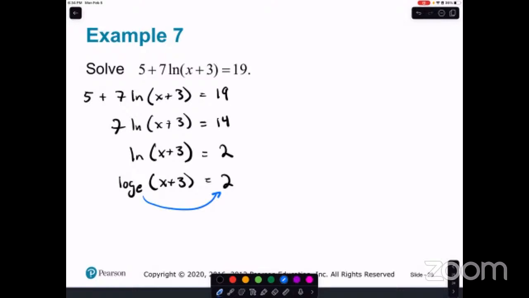Or we could have just done e to the power of the log equals e squared. The e and log would cancel, right? In either case, this is our next step. e to the power of 2. Okay. So then ultimately we get x equals e squared minus 3. That's the exact result.